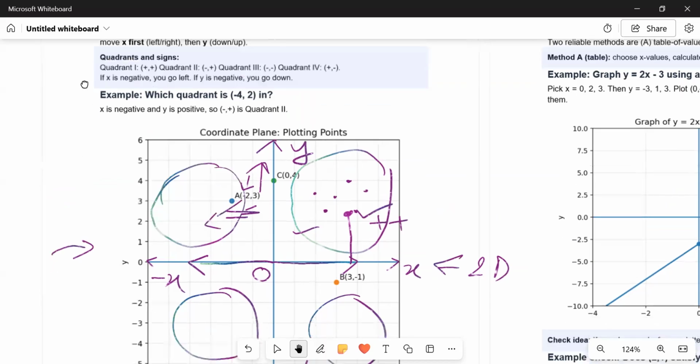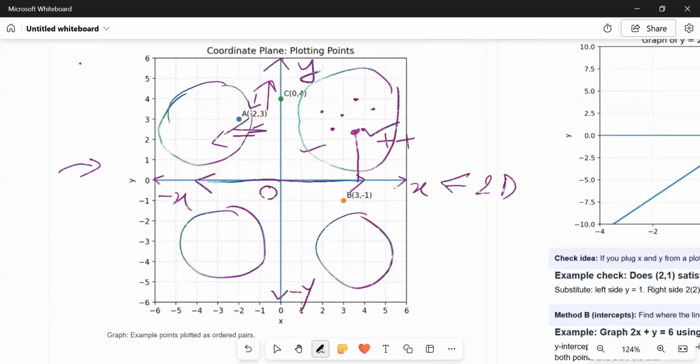Now the quadrant 3, let me consider this. I go 3 steps towards left and 3 steps down, so it's like -3, -3. So this is the third quadrant and this is the fourth quadrant.